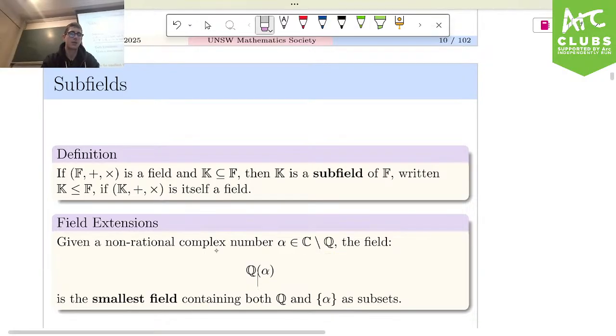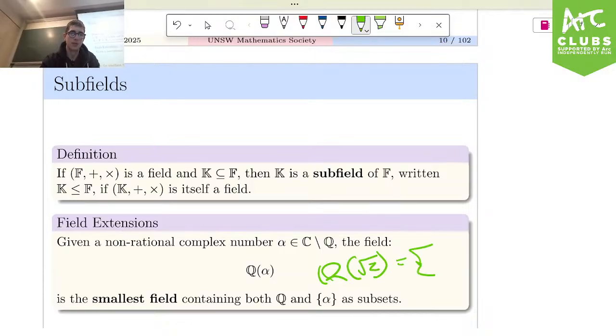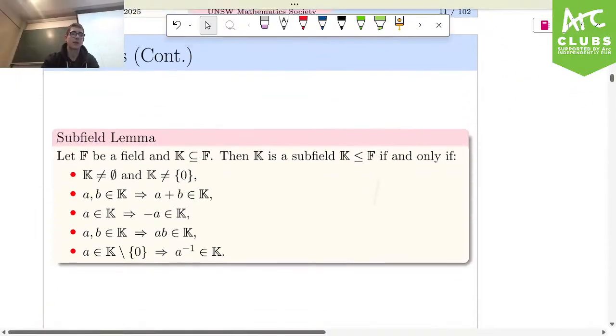So any element in C that's not in the rational numbers. So an example is, say, the classic one, Q adjoined root 2, which is the field with addition and multiplication as usual, but we write it as A plus B root 2, where A, B are in the rational numbers. Okay? So that's another example.